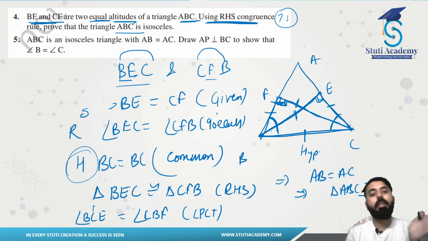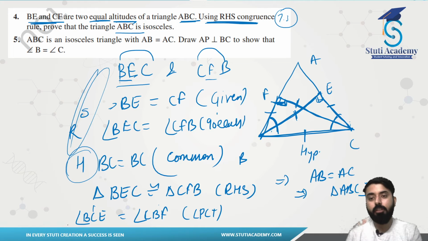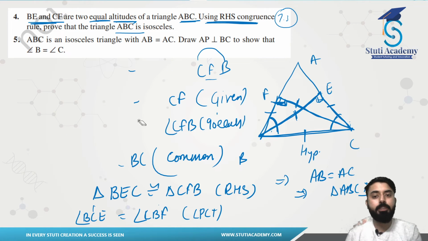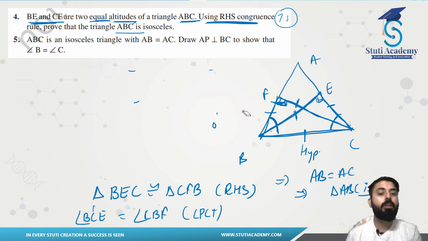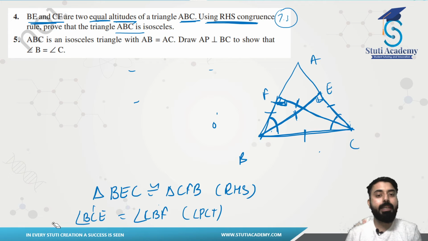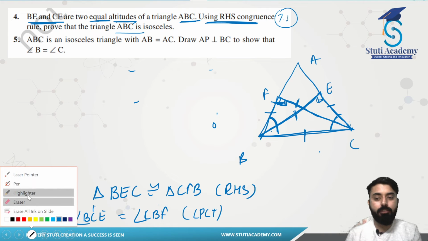Pardon me if it is behind my video here, behind my stream. If I erase this, give me a second. Let me erase this and write it so that you guys can see. You have just proven that angle, let's use a different color to show the angles.